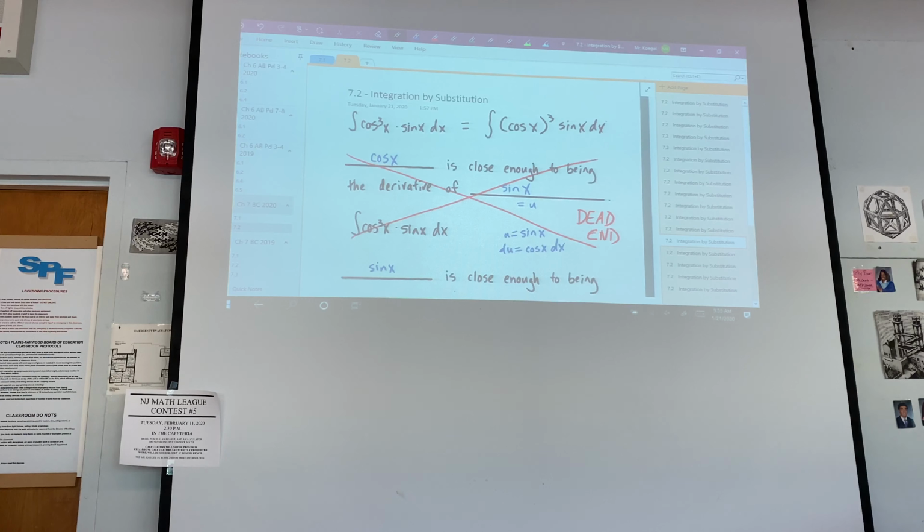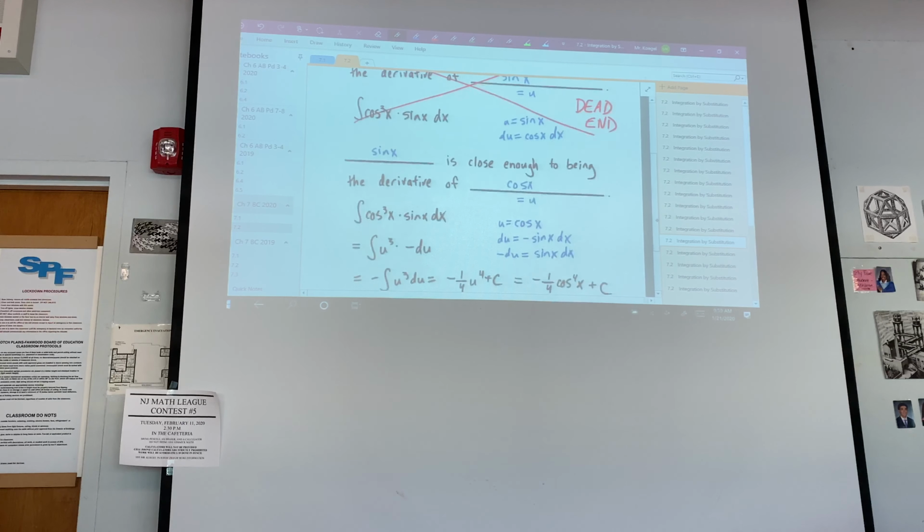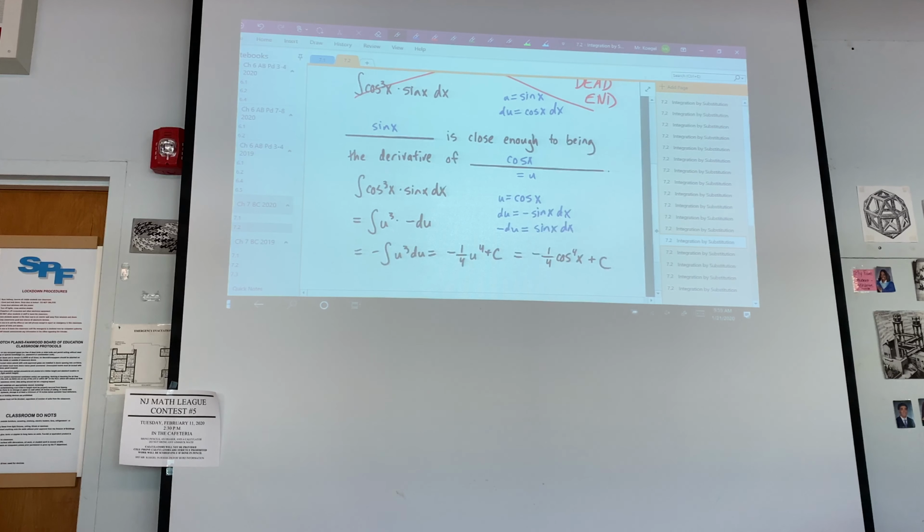It is, but that doesn't get you through this problem, making u equal to sine of x. U has to be equal to cosine of x. Very few and far between are the problems where you have more than one choice for u. Understand that, that most roads are a dead end. So here, when I reversed them, I got through the problem all right. The other way was a dead end.